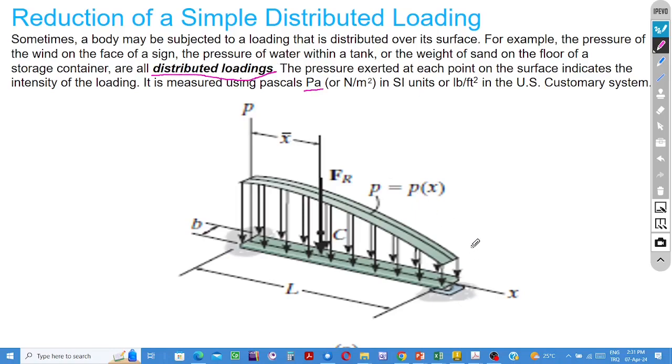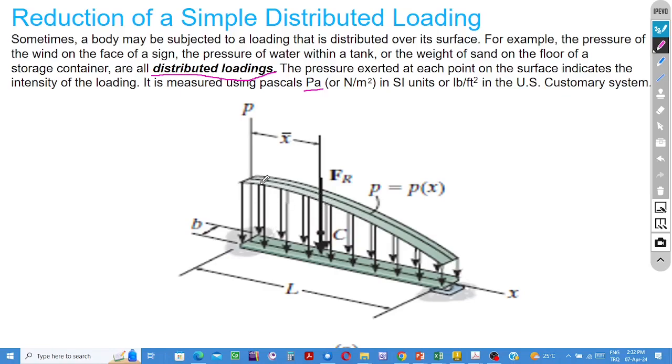How can we find its resultant? Here this is a special case. Along the x-axis, in the x direction, the pressure is not uniform.